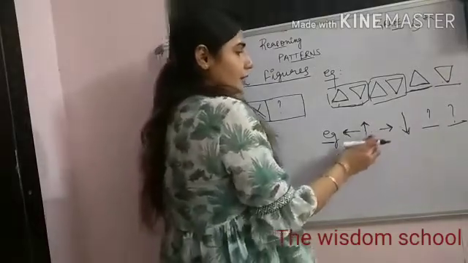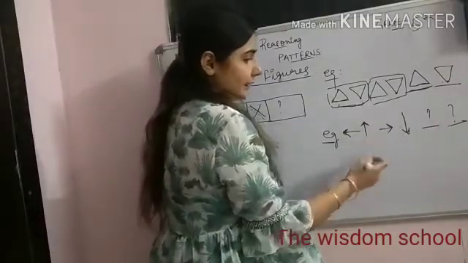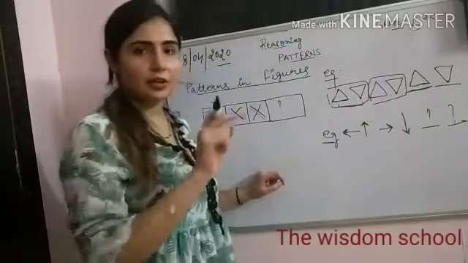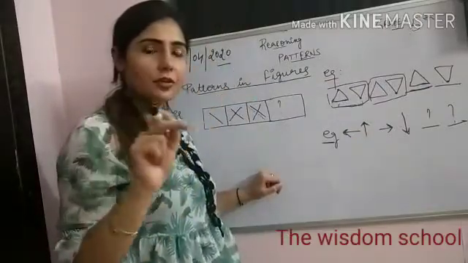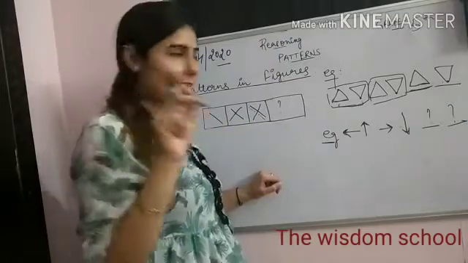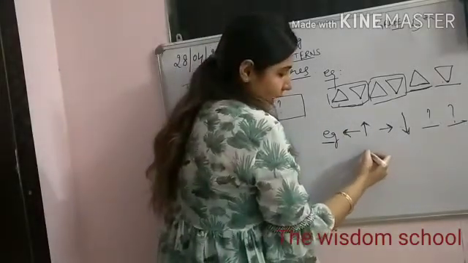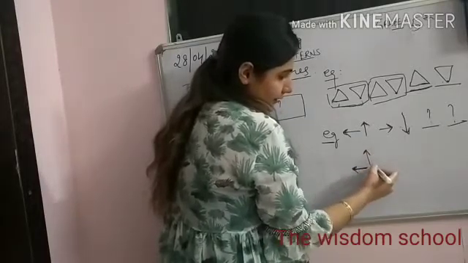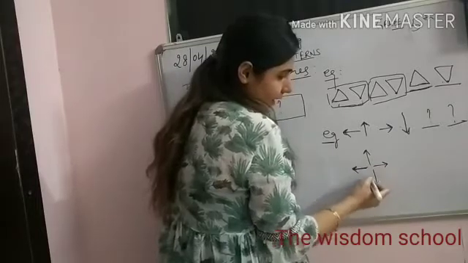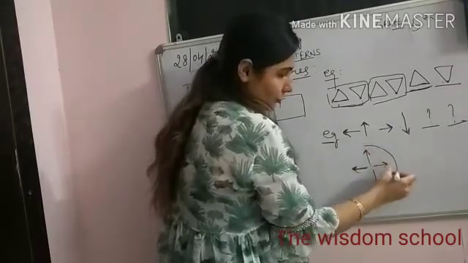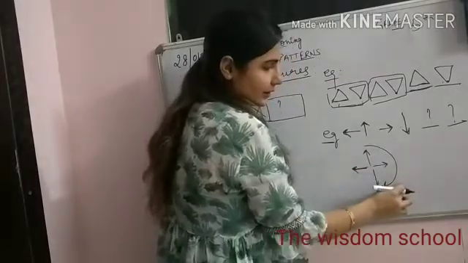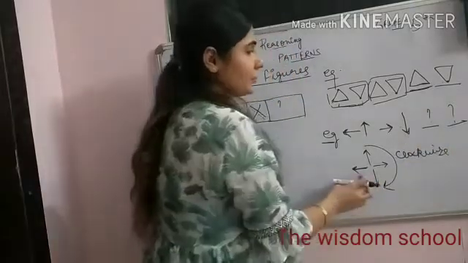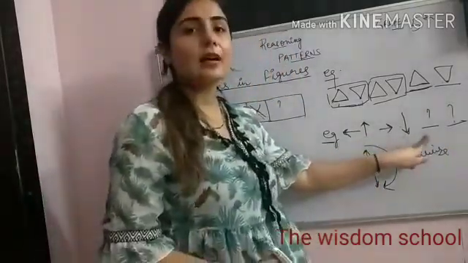What you can see here is that these arrows are going in clockwise direction, in the direction of the clock's right direction. Like you can see that clock's hand moves this way, first left side, then this, then this, then this and again this. So clock's hand moves in this direction and this is the clockwise direction. Okay, so we will move these symbols in the clockwise direction.